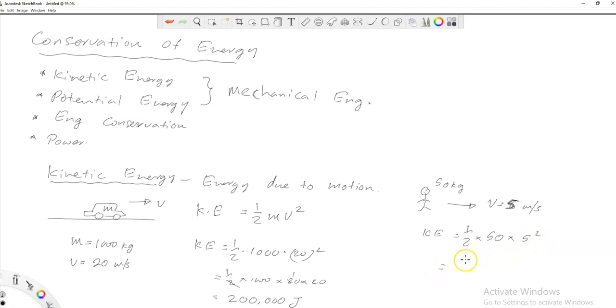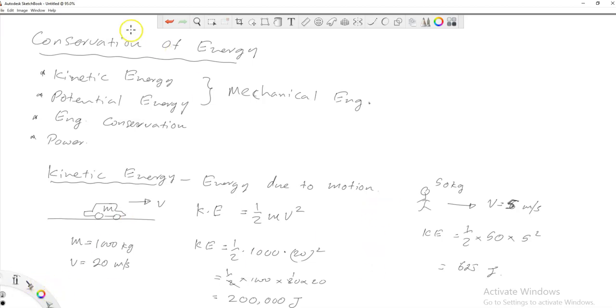We have half times 50 times 25, which is 625, I think, joules. So kinetic energy depends on the mass: the bigger the mass, the more kinetic energy. It depends on the velocity: the bigger the velocity, the more kinetic energy. All right, so we'll move on to the next type. This is how you find kinetic energy. It's one type of mechanical energy.